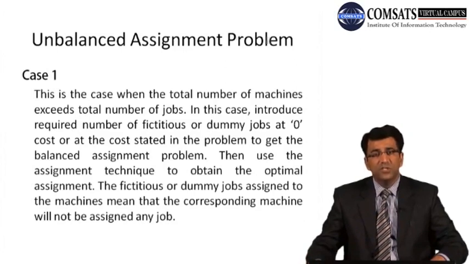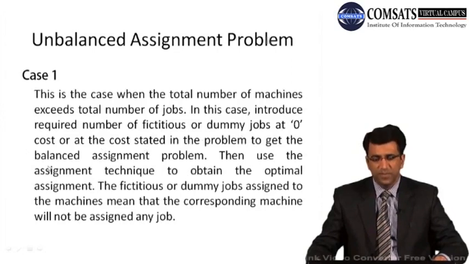Now you must remember we have followed this sort of step in transportation problems as well. When the demand is not equal to supply, we introduce either a fictitious demand destination or a fictitious source of supply. The same is true here for unbalanced assignment problems, and in this case we will introduce the required number of fictitious or dummy jobs at 0 cost, or at the cost stated in the problem, to get the balanced assignment problem, and then use the assignment technique to obtain the optimal assignment.